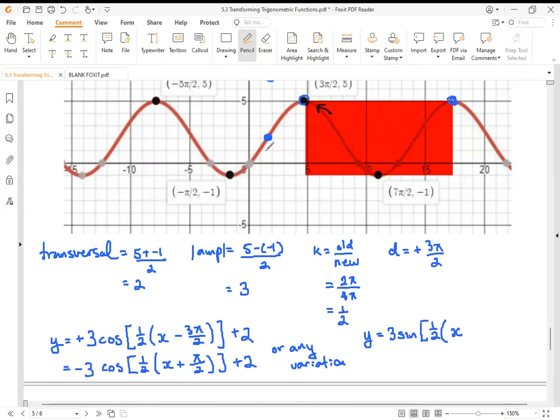I move to the right by a single pi over 2, plus 2. Notice how the only thing that's different between the positive 3 amplitude, k of half, and c value of 2 is a shift of a quarter of a pi.